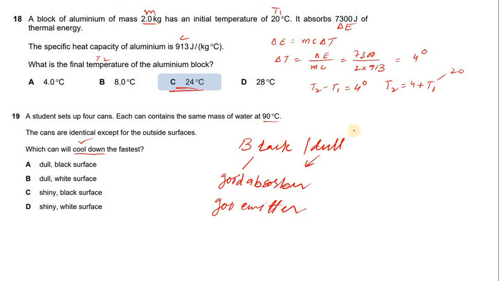So black and dull surfaces are good absorbers and good emitters. They become hot quickly, and they become cold quickly. So the dull and black surface will cool down the fastest. The option is A.